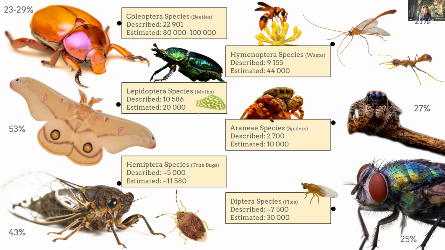But all of these things play really different critical roles in the ecosystem. And then within each of these orders, there's so many different families and genera that all play wildly different roles in the ecosystem as well.